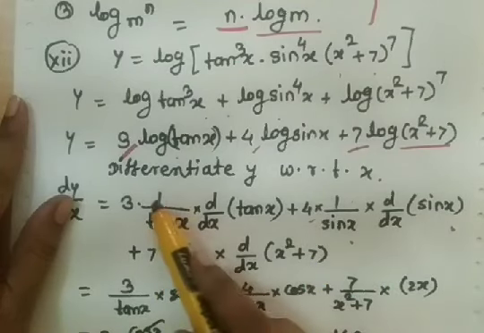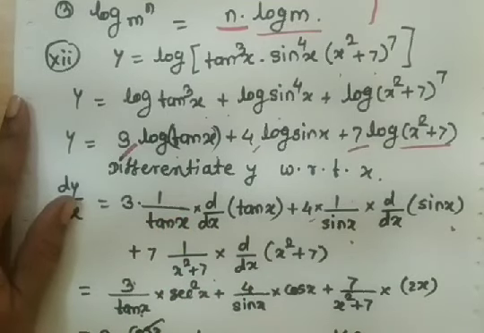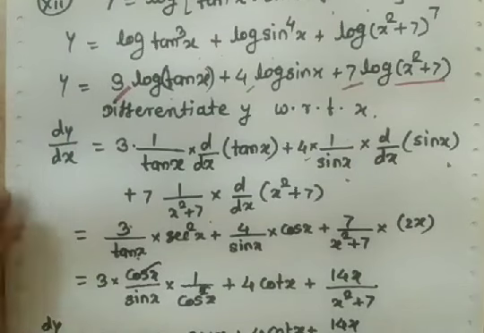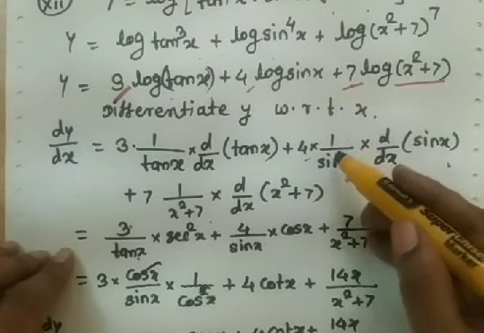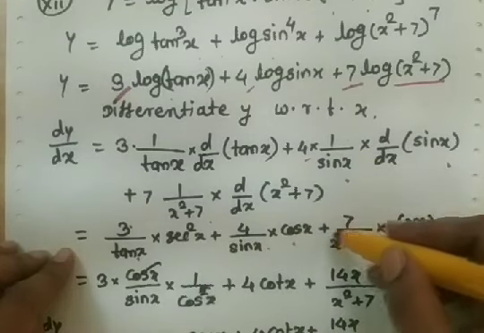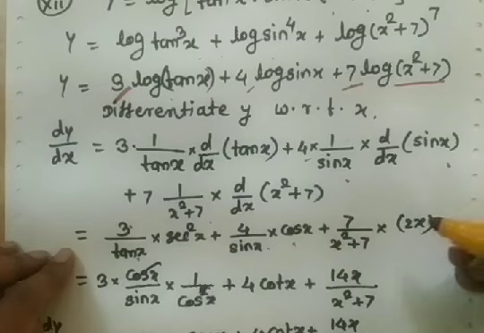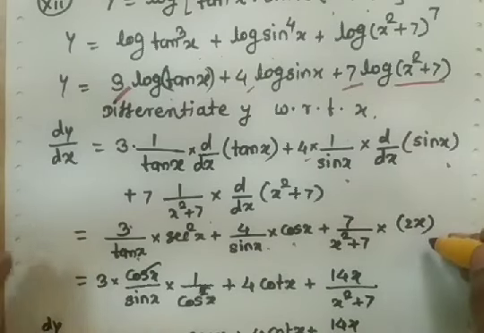Then 3 into 1 is 3 upon tan x, into the derivative of tan x, which is sec square of x, plus 4 upon sin x into the derivative of sin x, which is cos x, plus 7 upon x square plus 1 into the derivative of x square plus 1, which is 2x.